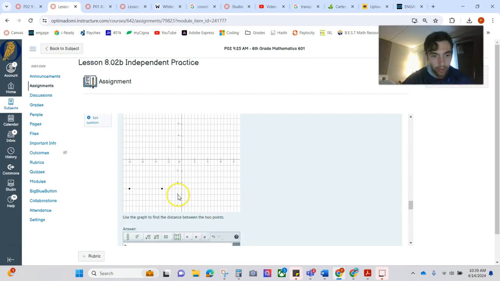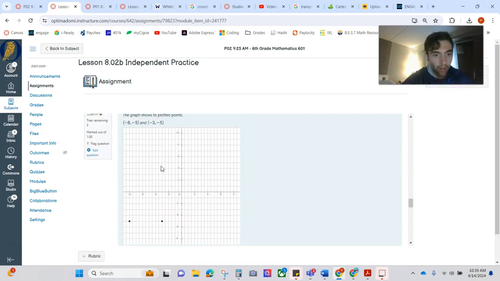Use the graph to find the distance. Okay, it looks like on this graph, also, each jump is not worth 1. Each jump is worth a half, like 0.5, 1, 1.5, 2, 2.5, 3, 3.5, 4, 4.5, 5, 5.5, 6. Each jump is a half.